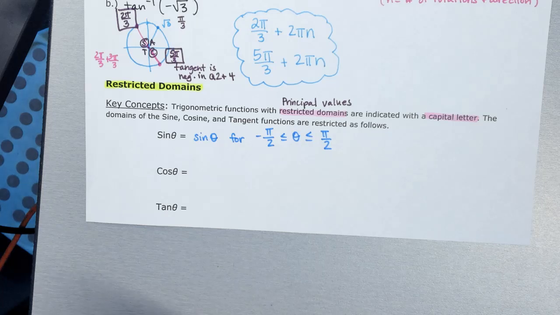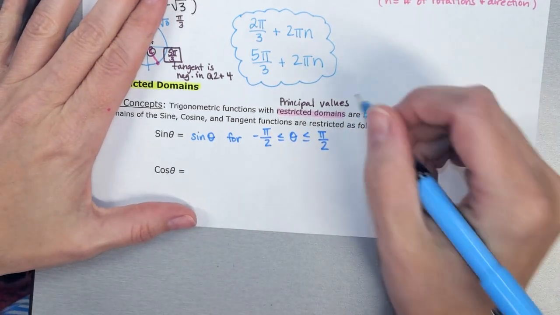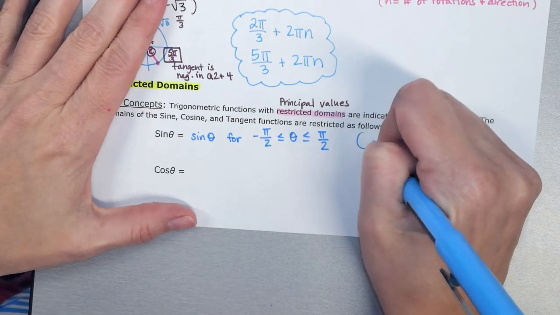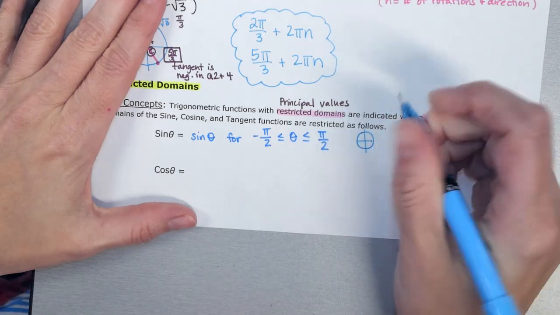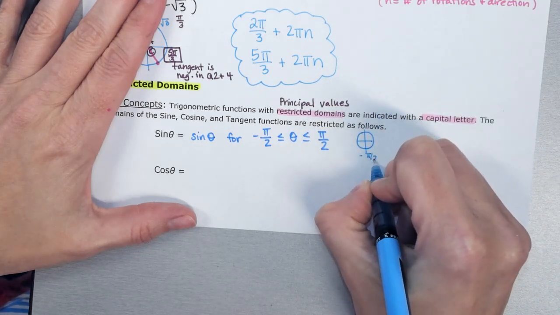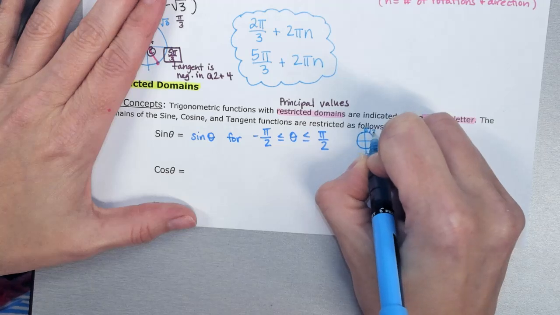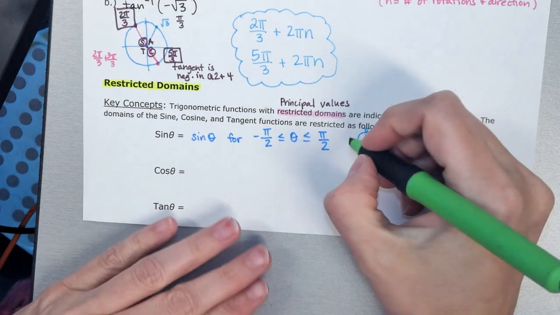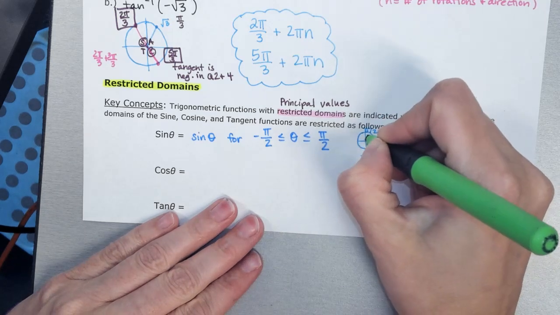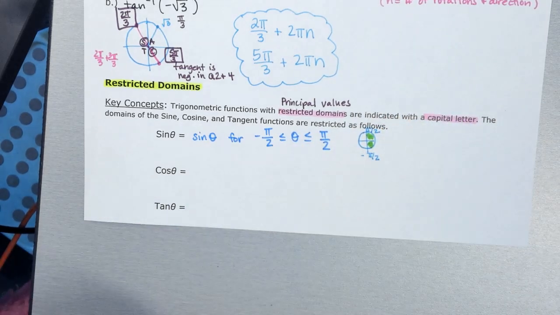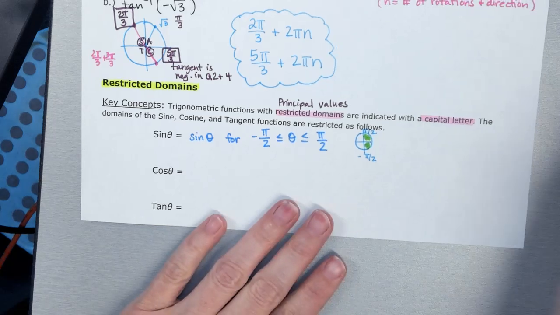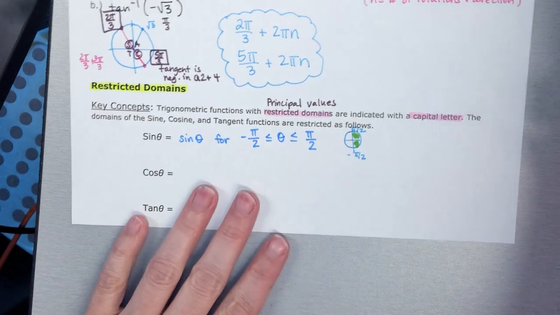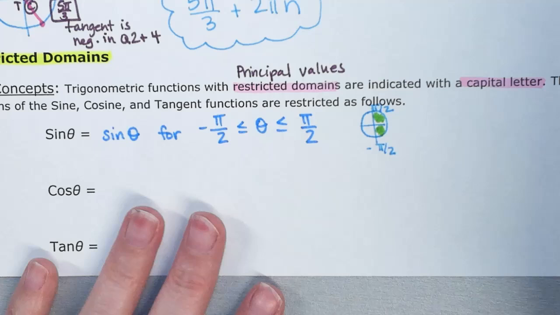All right, so I'd like to show you what that looks like. If you're thinking of your unit circle, this would be negative pi over 2. This would be pi over 2. So that's going to cover quadrant 4 and quadrant 1, from negative pi over 2 to pi over 2.